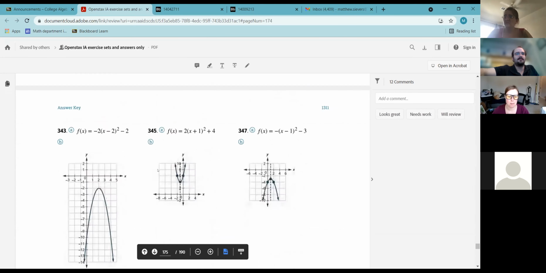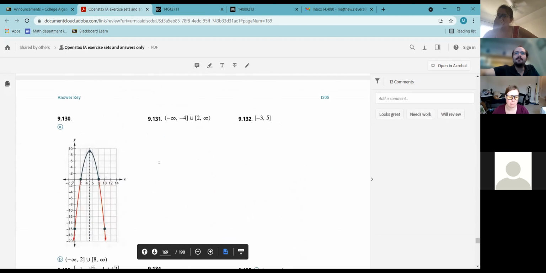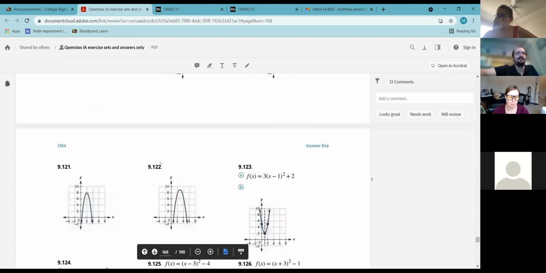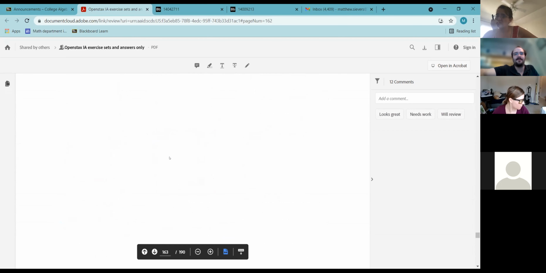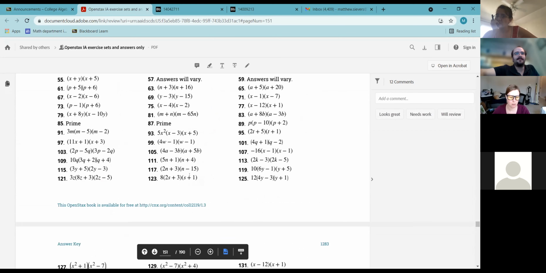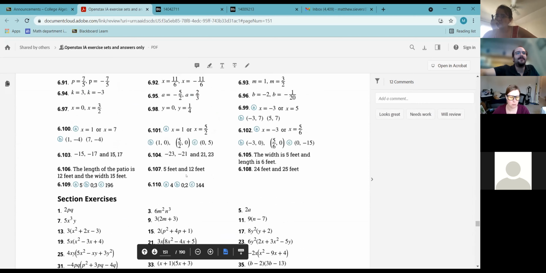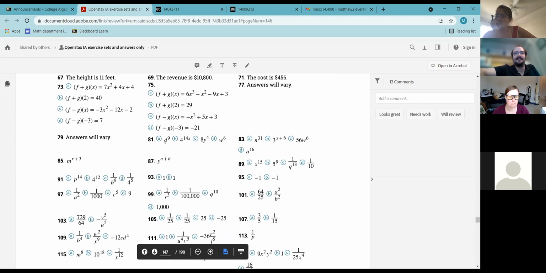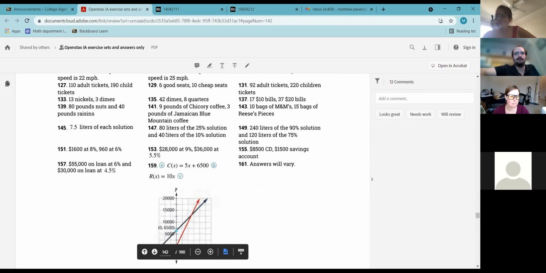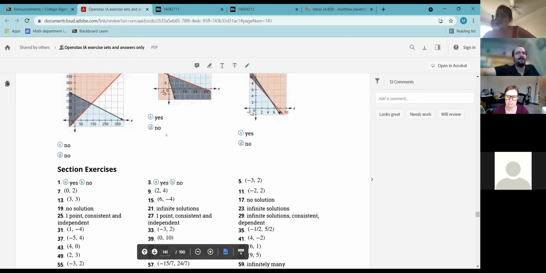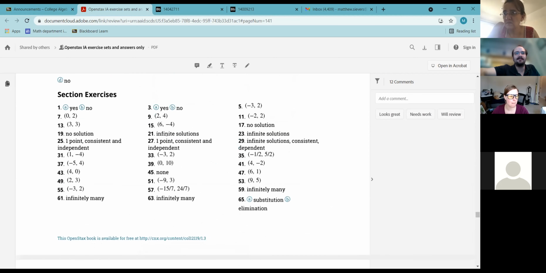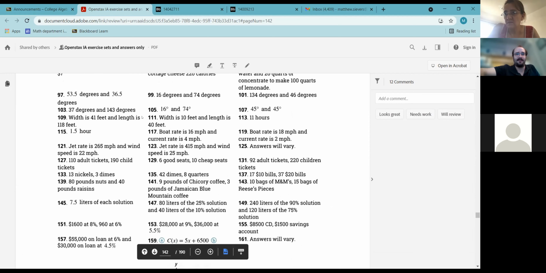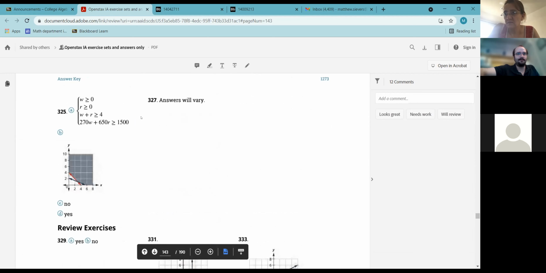So if I want to find this chapter, this looks like I'm way in chapter 9. Now let's go to like 150 or something. Where are we at? Answers will vary. This looks like chapter 6 stuff. We are in chapter what? 3-2, 3-3. Those are section exercises.